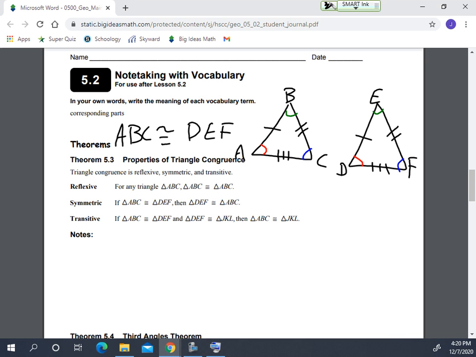Okay? My corresponding parts are my angles, so angle A and angle D, angle B and angle E, and angle C and angle F. For my side lengths, right? Side length AB and DE, those are corresponding. BC and EF, those are corresponding. So it's the same position and the same angle. Okay? Those are corresponding parts.